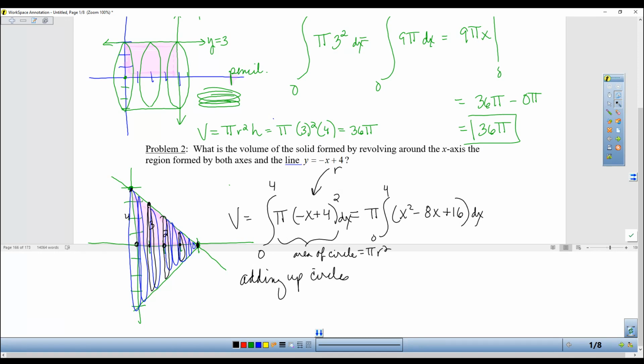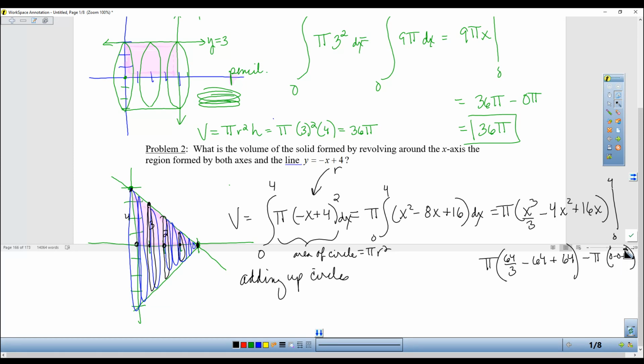From 0 to 4, my integral is going to be x cubed over 3 minus 4x squared plus 16x from 0 to 4, which is going to leave me with 64 thirds minus 64 plus 64 minus pi times 0 minus 0 plus 0.